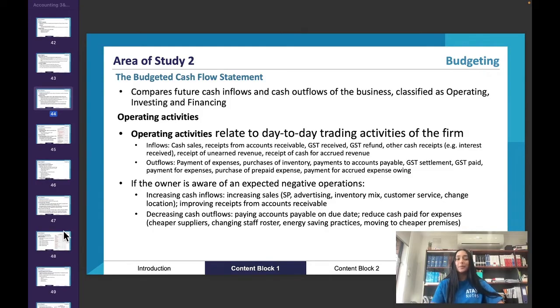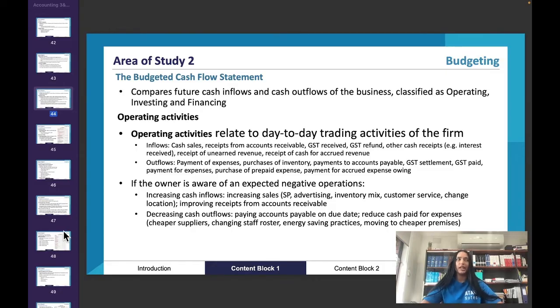The business and the business owner should really be trying everything that they can to stop those negative outcomes from happening. And if, on the other hand, the business is predicting a positive outcome, for example, they're predicting a positive bank balance or a net profit, then the business should be taking advantage of that predicted positive outcome.